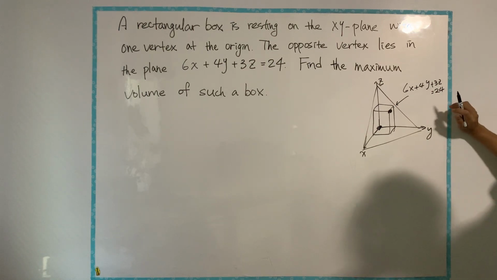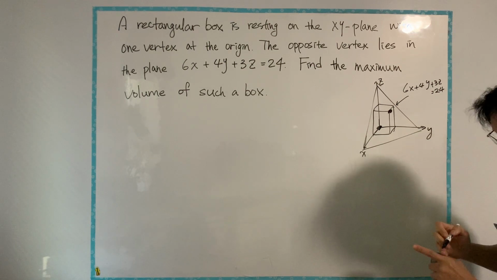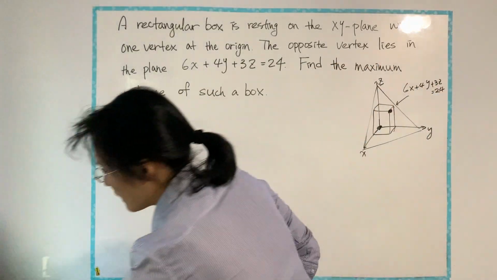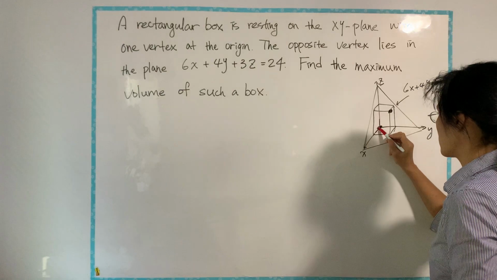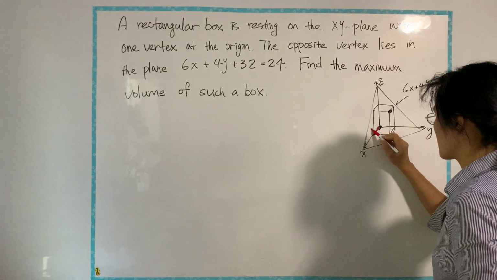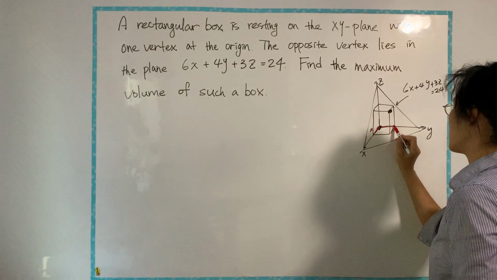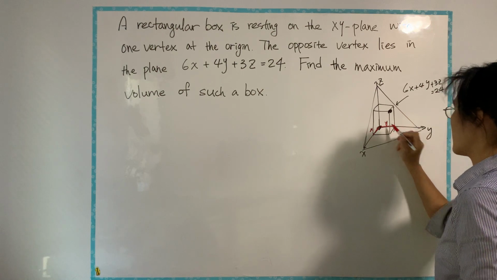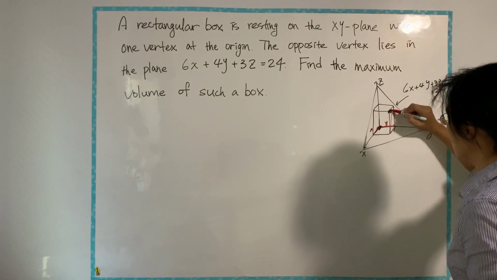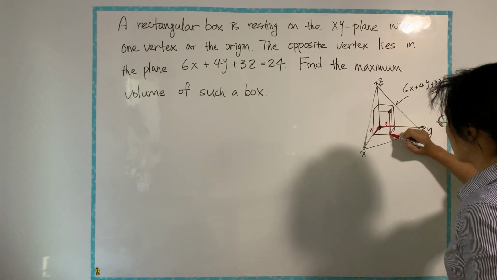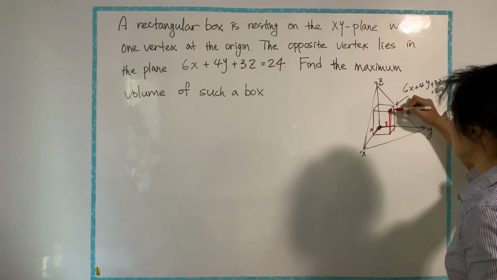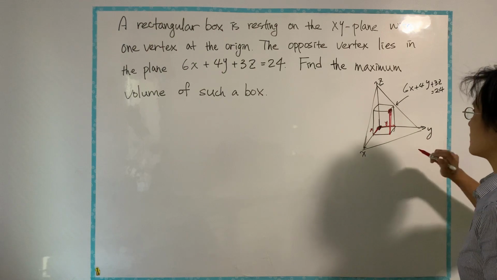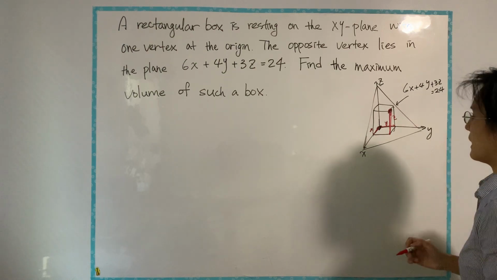So now I can say, if I call x, y, z, x would be this length, y would be this length, and z would be from the xy plane to this point on the plane here. So z would be the height.